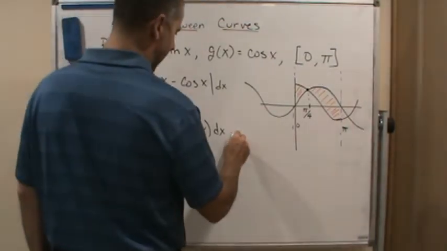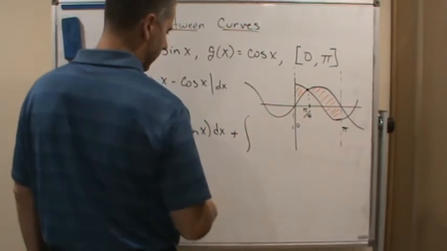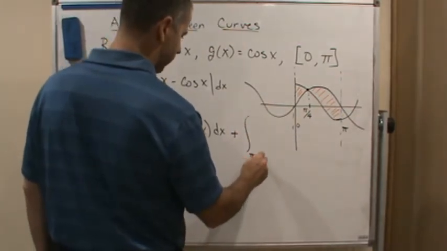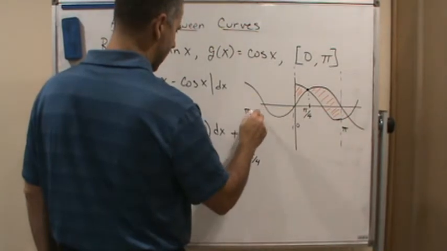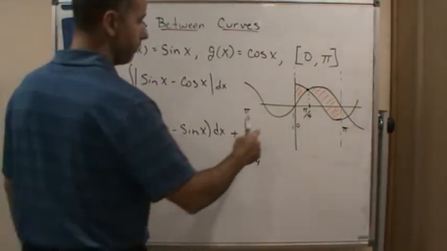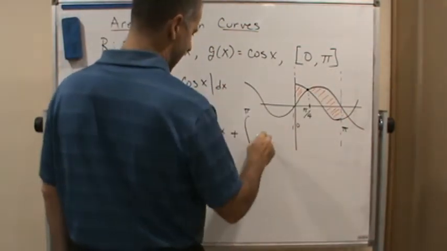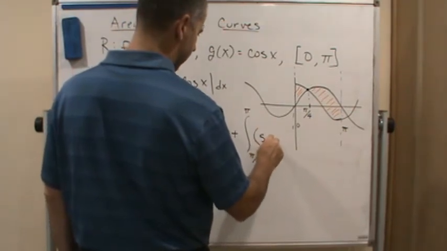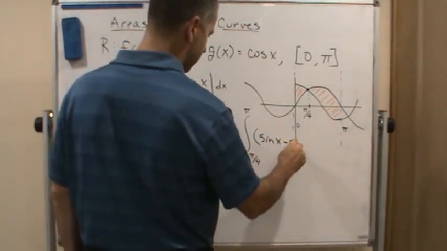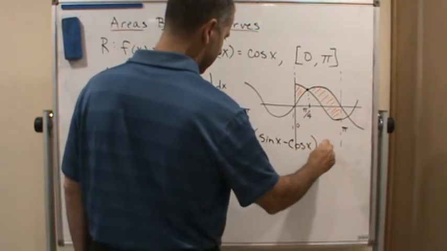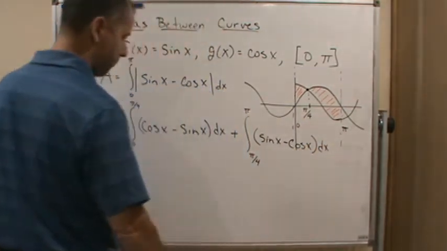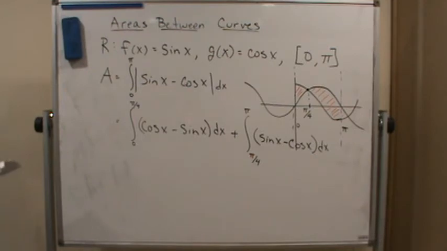Then we add the area from pi over 4 to pi, but now sine is on top, so it's sine x minus cosine x dx. As long as we get positive values, that's what the absolute value means. We want the positive value of the integral.